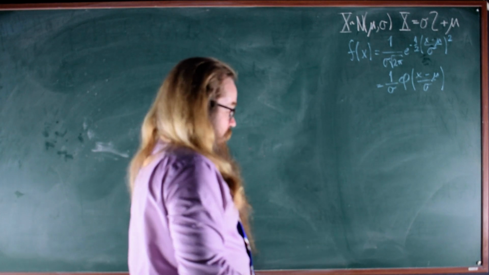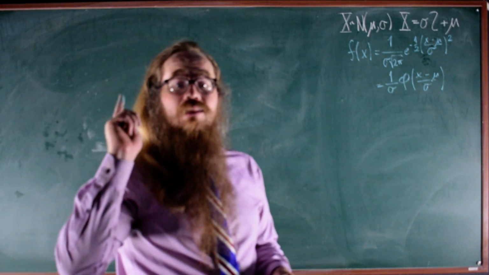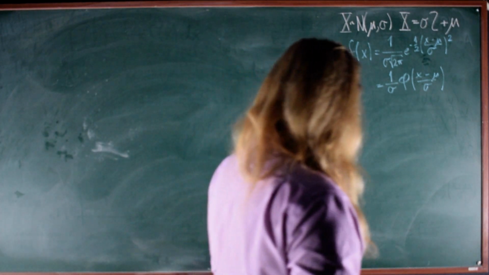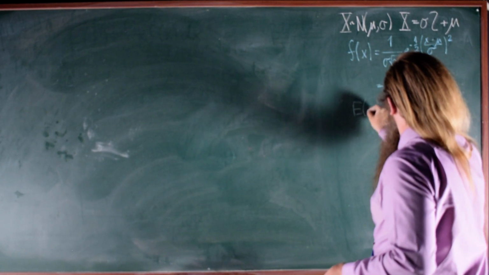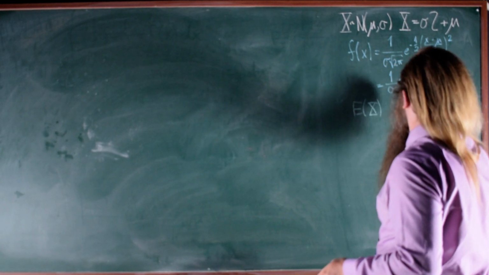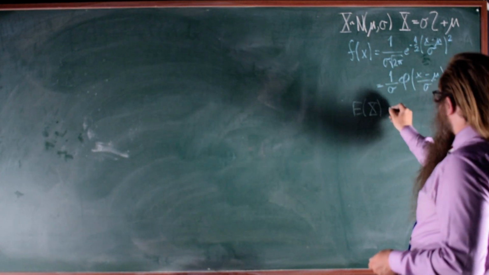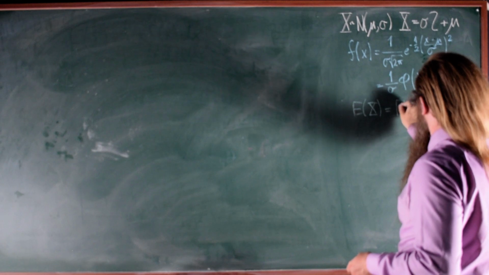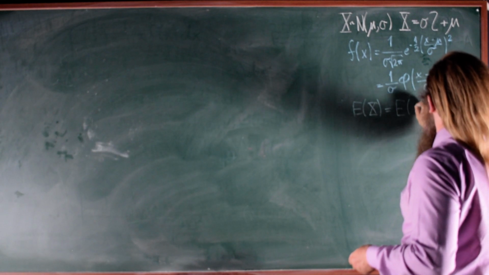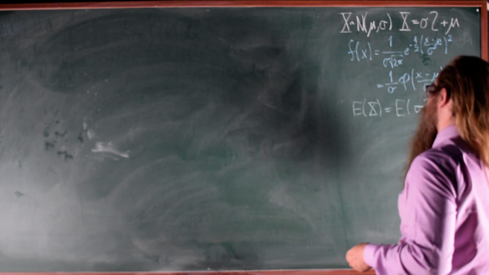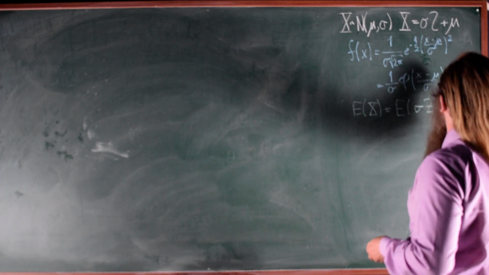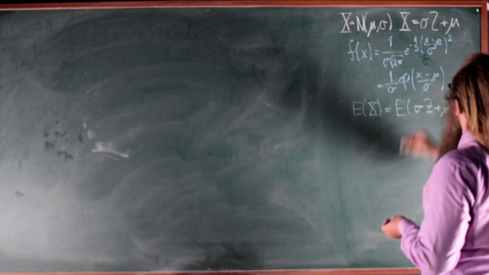The next statement I'm going to make is on the linearity of the expected value. The expected value of x is going to be the expected value of sigma Z plus mu. So it looks like a 2, but it's not. I'm just slightly lazy. Let's put a line through this for good measure.